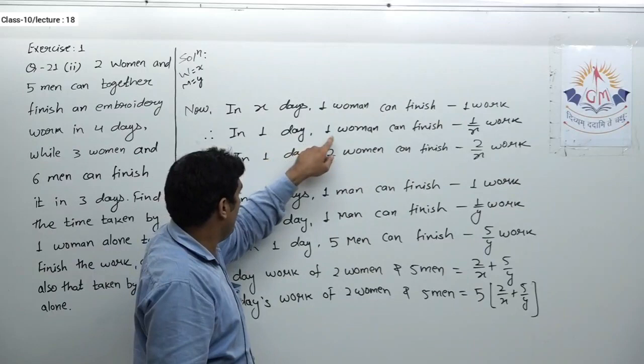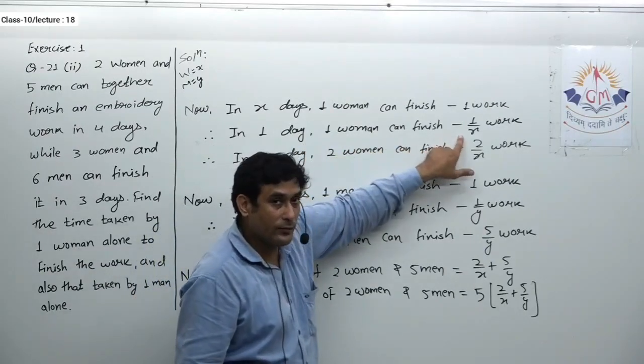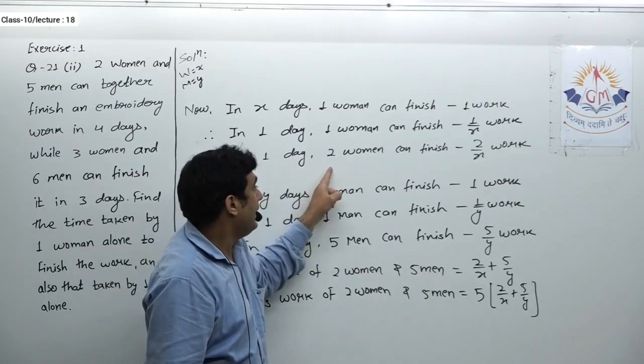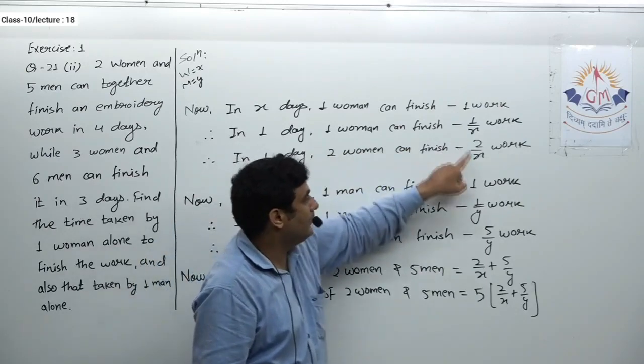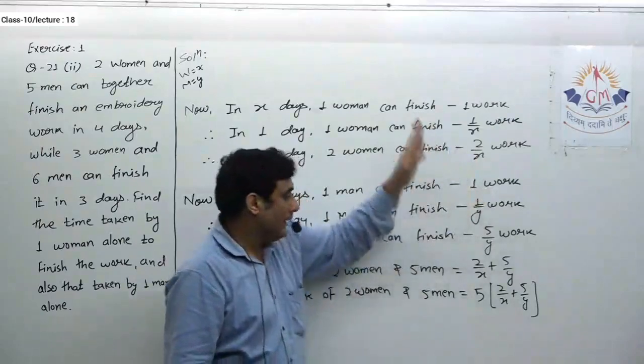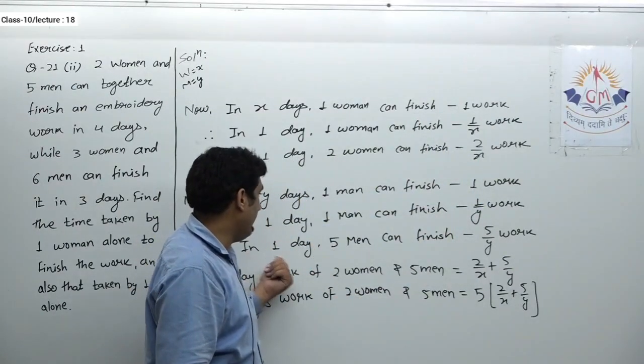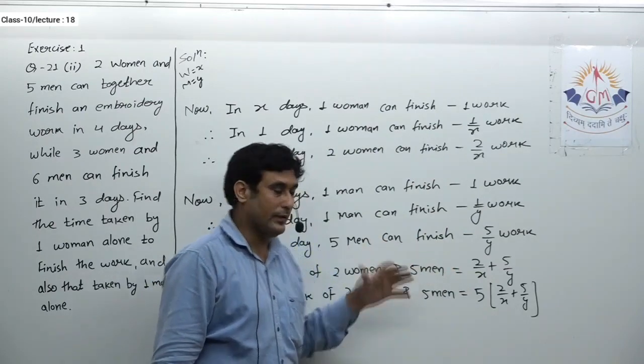So if one woman can do 1 upon X work, then in the same amount of time, that is within one day, if two women will work, they will be able to finish this much work. In the similar way, we got for 5 men that they will finish 5 upon Y work in one day.